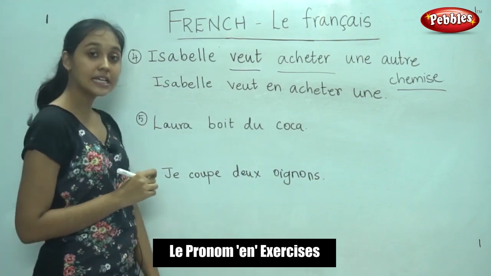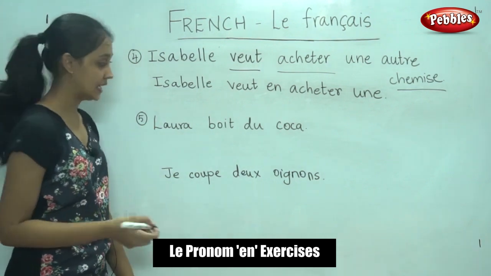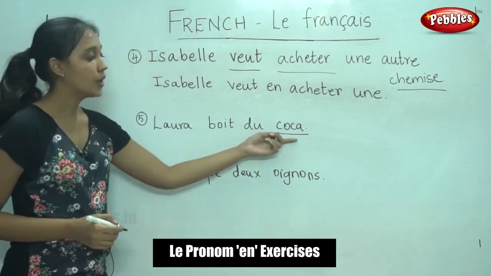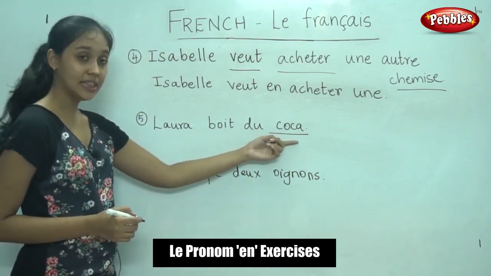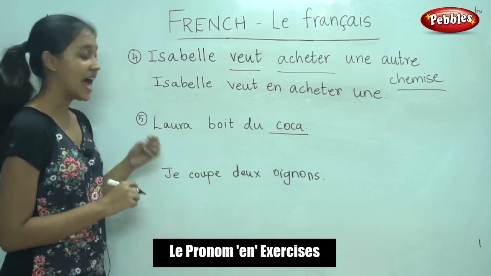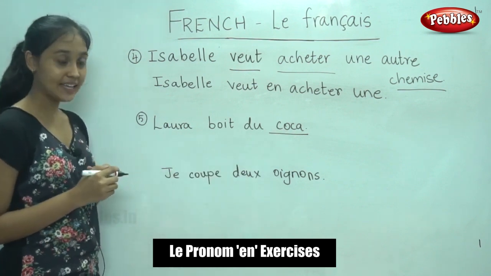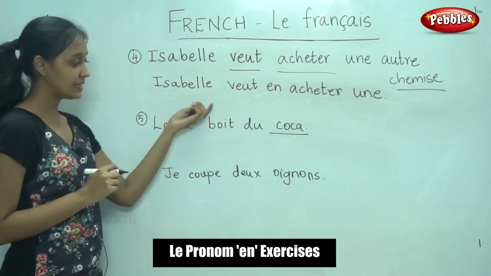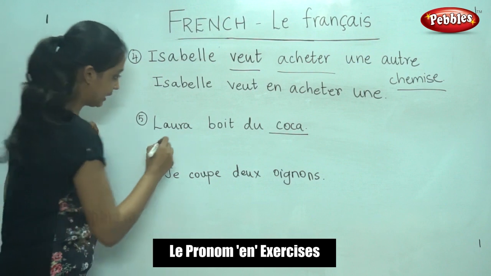So what is the noun we are going to replace here? It is this. Now we are going to replace it with en. And where do we place en? Before the verb. The verb in this sentence is boit.